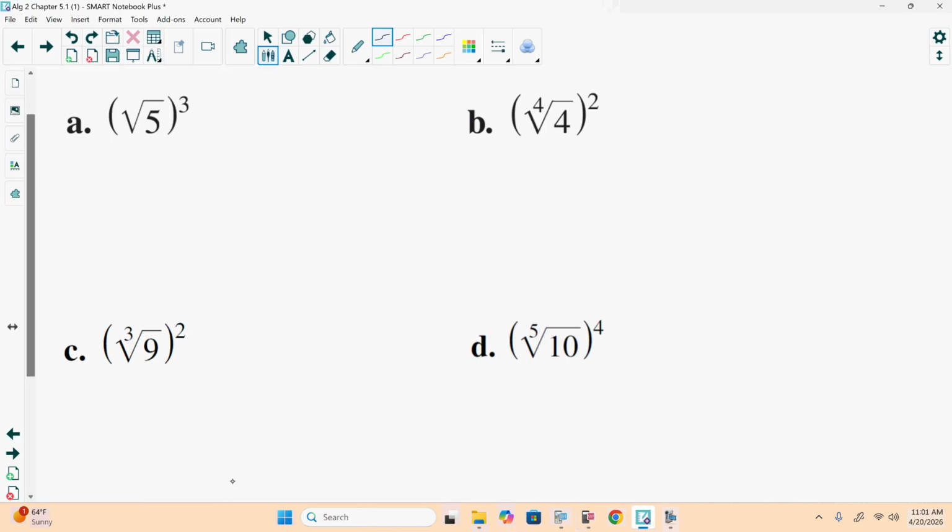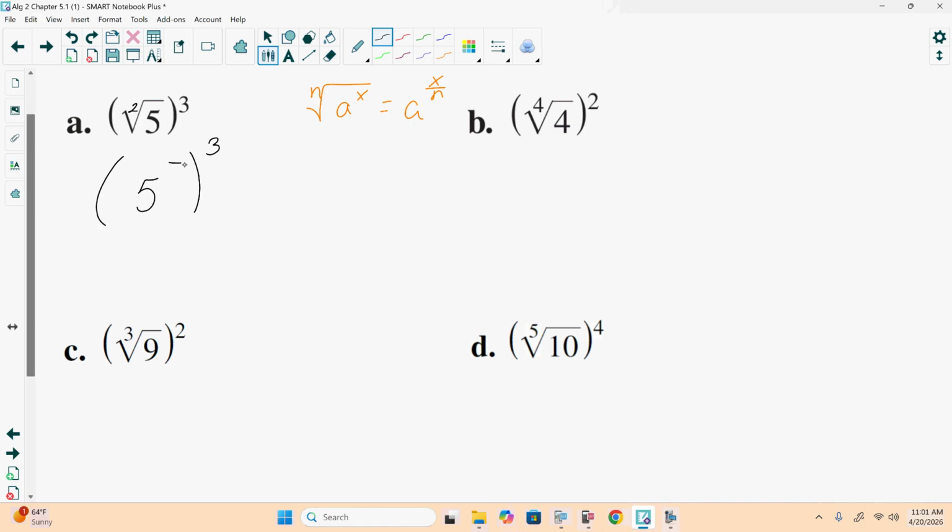But one thing I do want to look at is our properties. The nth root of a to the x is equal to a to the x over n. Even though it's not written, we know that the index on the square root of 5 is indeed 2. So the square root of 5 can be rewritten as 5 to a fractional power.